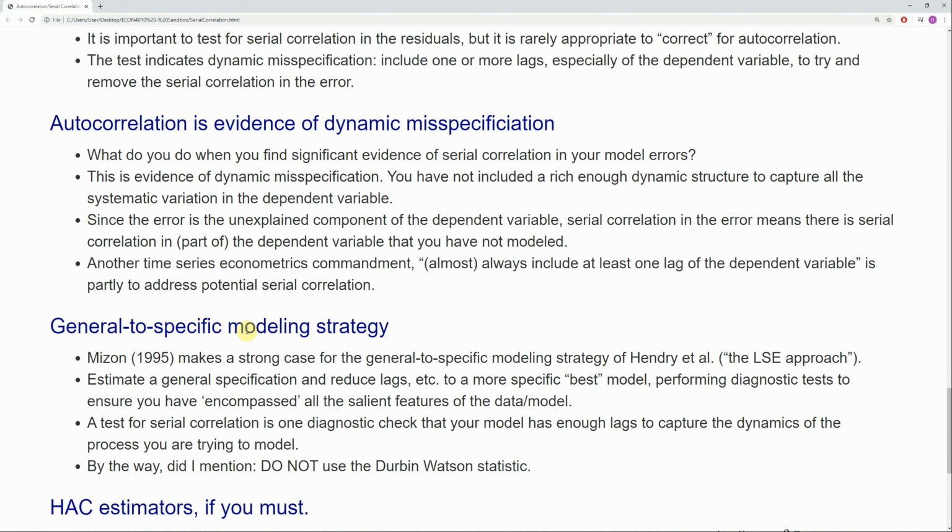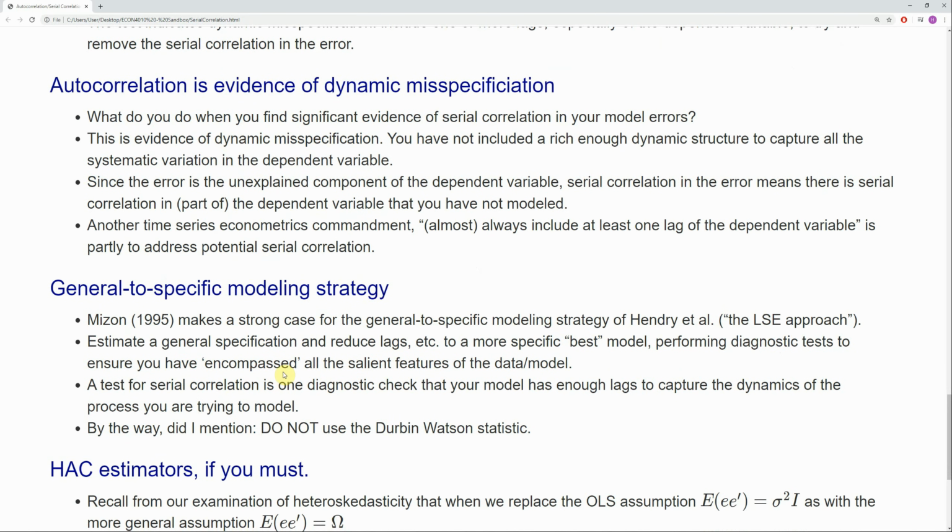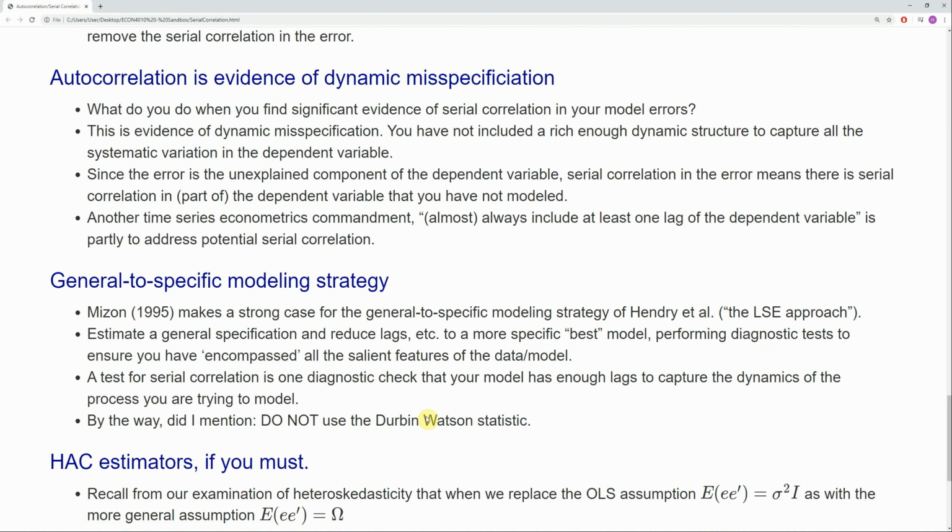That way there is nothing out there for the error term to start explaining, and errors start to not have any pattern. Thus, it's going to have constant variance, zero covariances, and zero mean. So with the general-to-specific approach, at the end of the steps, we can do the serial correlation check to see whether our final specification is right and we didn't do anything wrong.